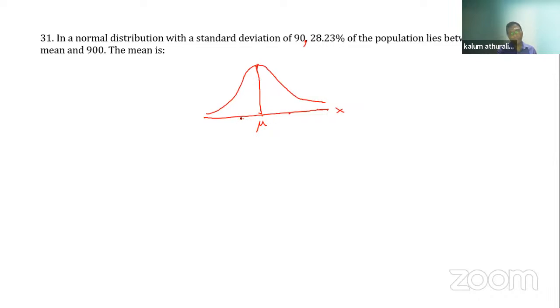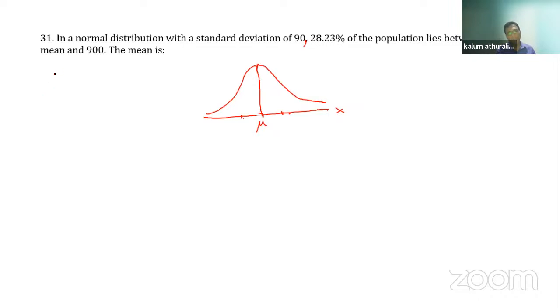How do we decide that? In this question we have no hint, so we don't know whether 900 is here or here. There is no hint.